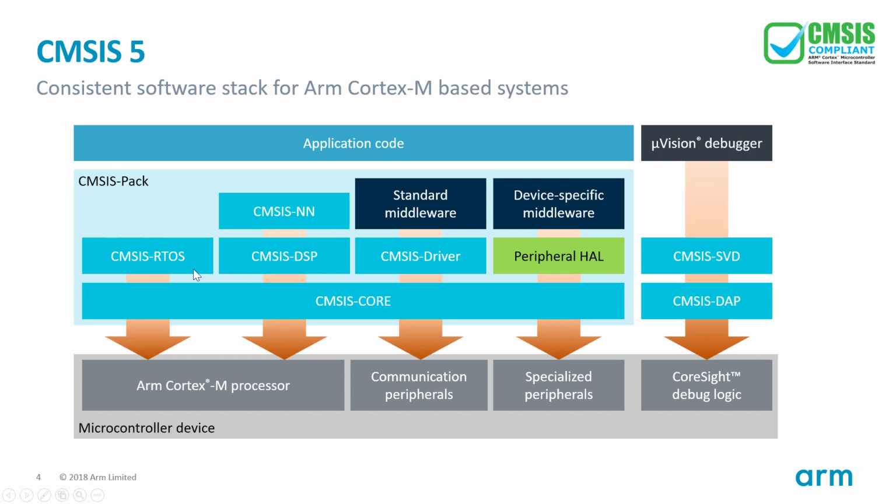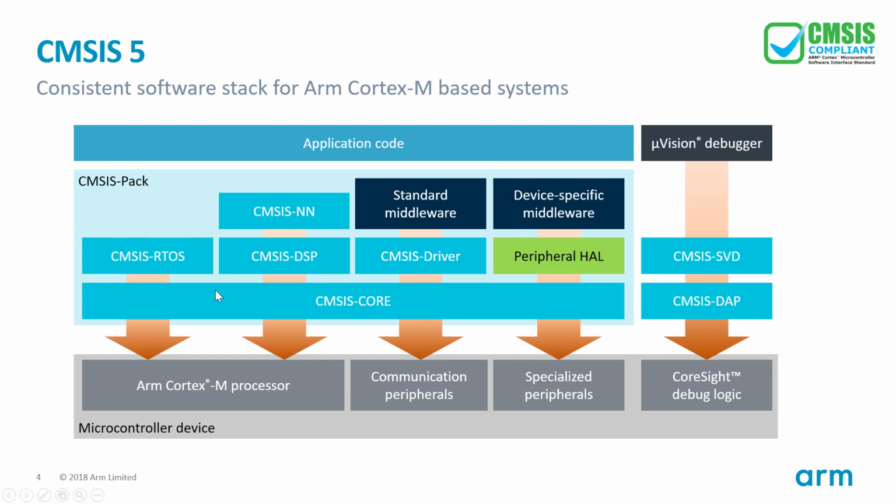It also defines the API for common peripherals such as UART, SPI, I2C, and others. The debug access to the chip is also standardized over CMSIS-DAP. With all that in place, you can quickly develop complex applications that are easily portable across Cortex devices. You will see how this works later during the demo, where I will use CMSIS-RTOS.